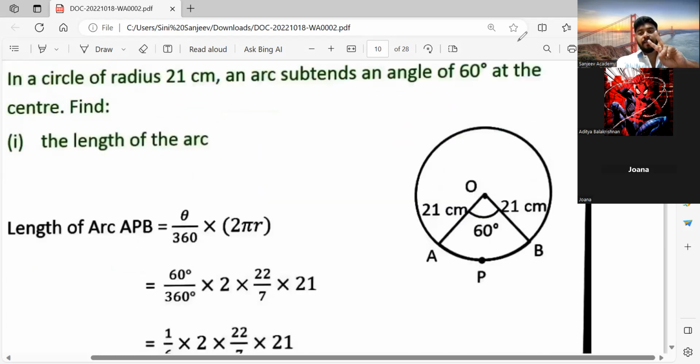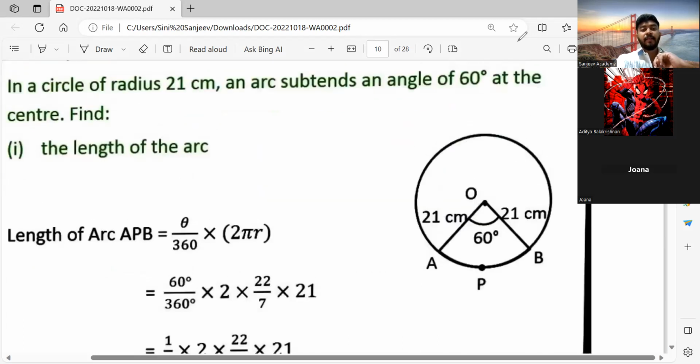Then I told you the second thing. The second one is the length of the arc. So instead of theta by 360 into pi r square, for the length of the arc, the circumference will come. What is the circumference of a circle? 2 pi r. Correct? For a length of the arc question, I will use theta by 360 into circumference.